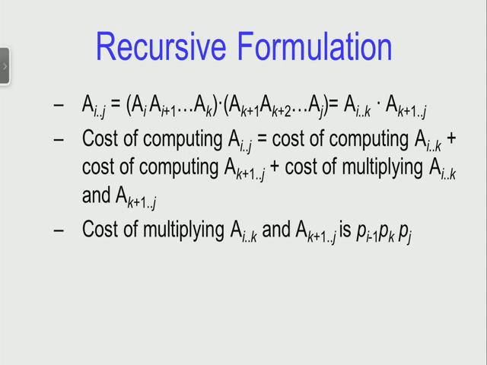The matrix A i j is obtained by multiplying the matrix chain A i to A k with the result of the matrix chain A k plus 1 to A j. In other words, this is the product of the two matrices A i k multiplied by A k plus 1 j.